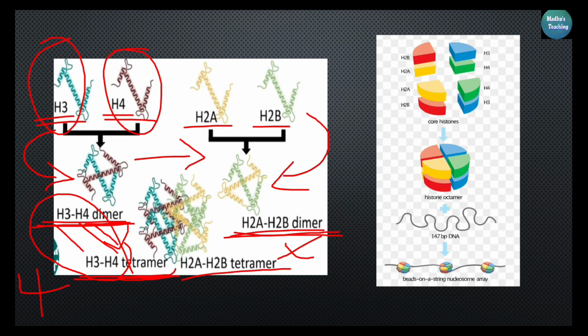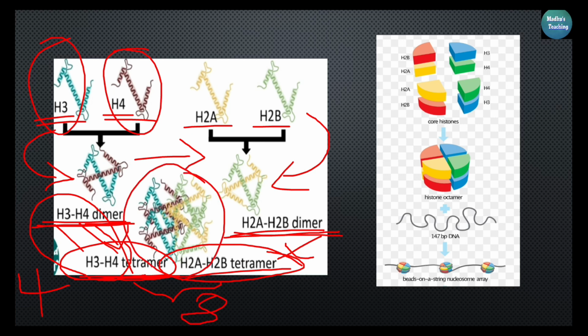Then the H3H4 tetramer with the H2A H2B tetramer combine to form the H3H4 H2A H2B octamer, which means it has completely 8 histone proteins. Here you can see these 8 histone proteins combined together forming the histone octamer.